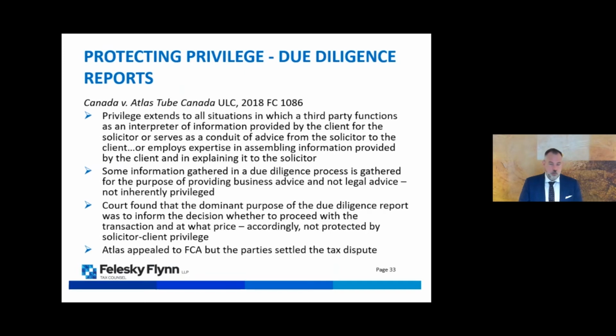Those communications can be privileged. So that's helpful in the sense that just because it was prepared by an accounting firm didn't mean that it wasn't privileged. If it was a conduit, interpreter, expertise in assembling information, one of those sorts of heads, then the communication could still be subject to solicitor-client privilege.